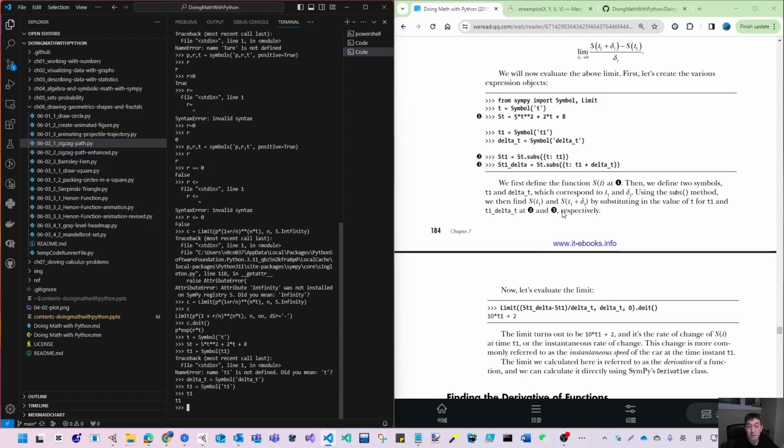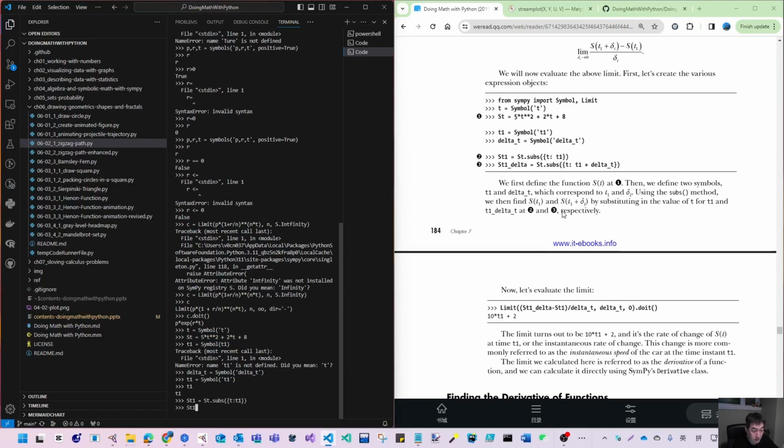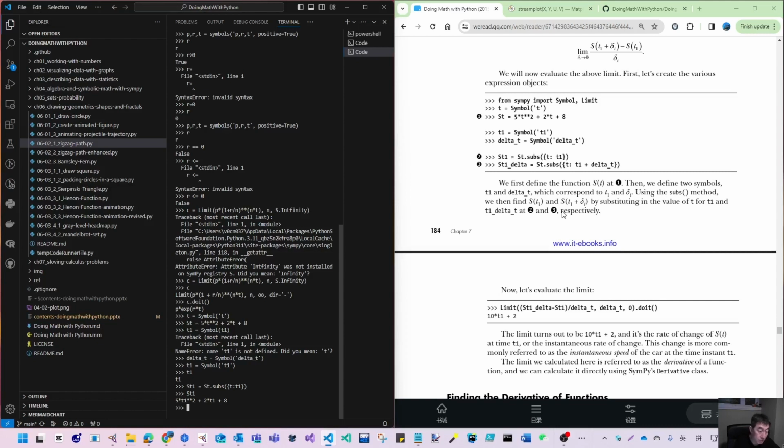So t1 is a symbol now. So s(t1) is s.subs, using t1 to replace t. So we got s(t1), which replaces t by t1. Then s(t1 plus delta) is equal to s.subs, replacing t by t1 plus delta t.